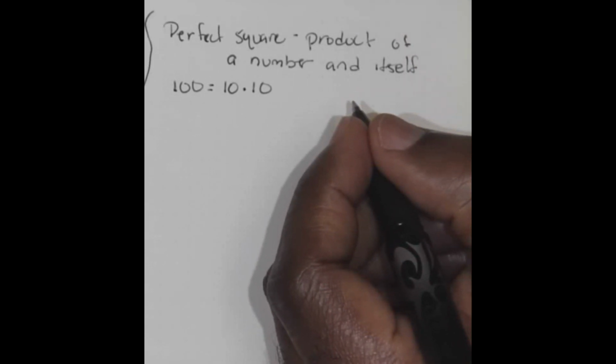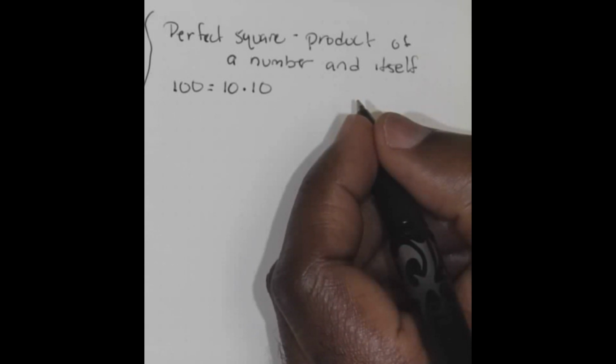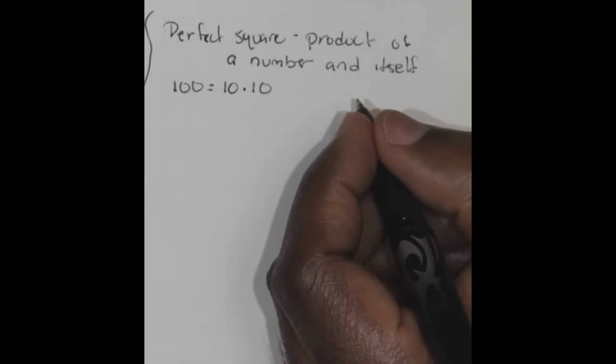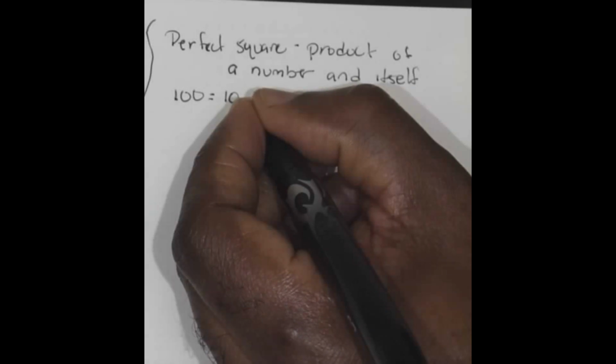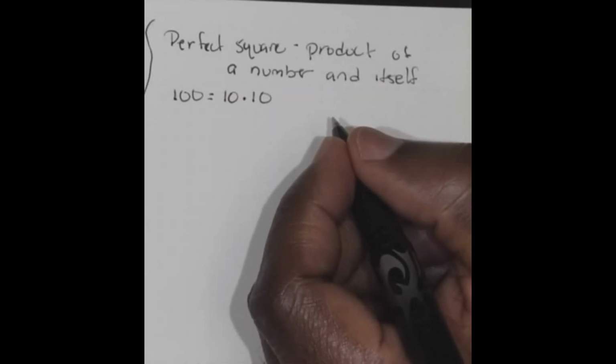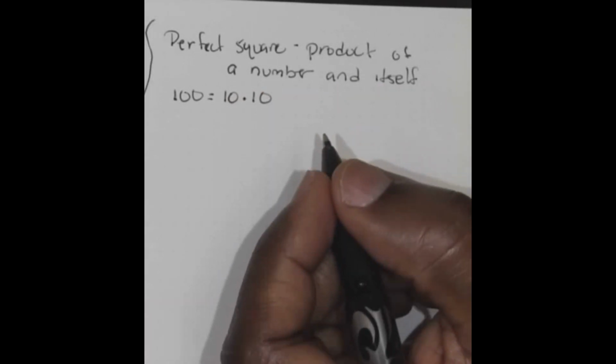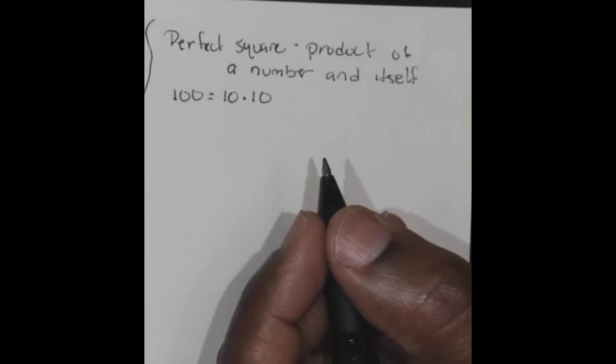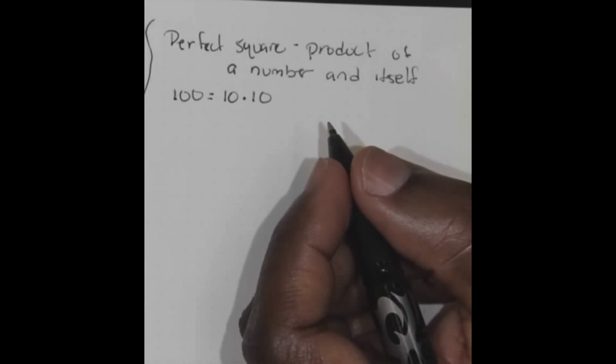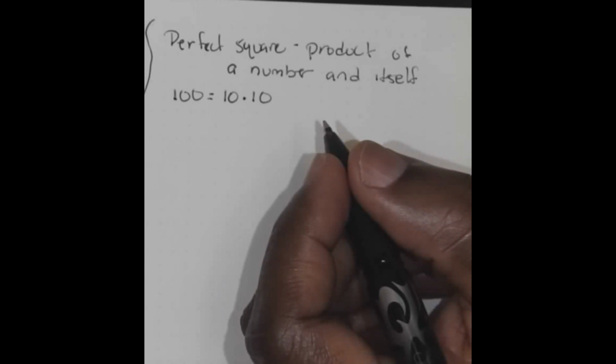Give me a number or a product that is a number and itself when they multiply. 16.